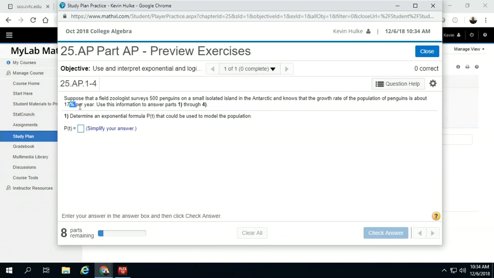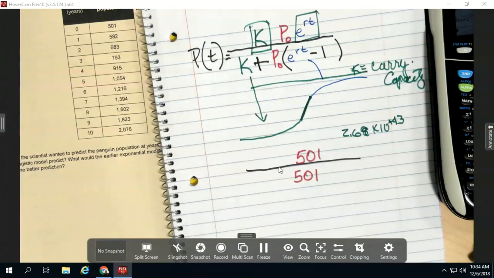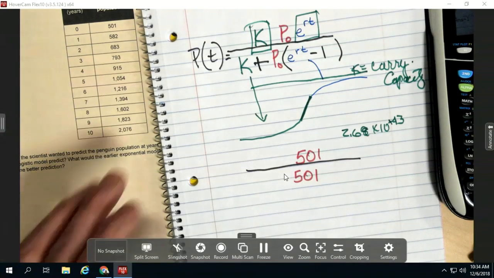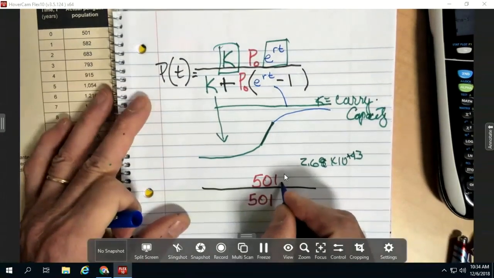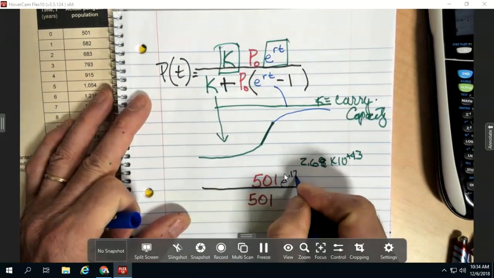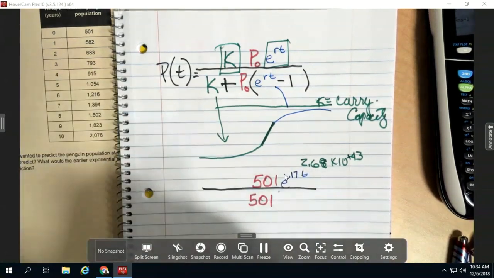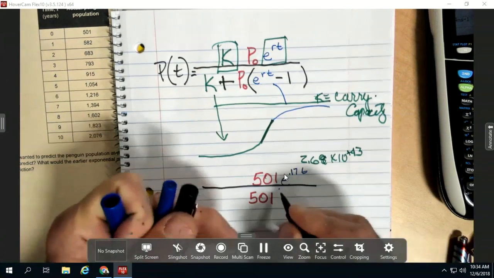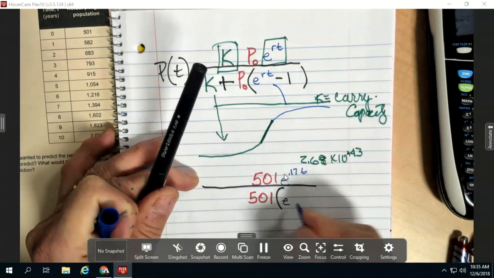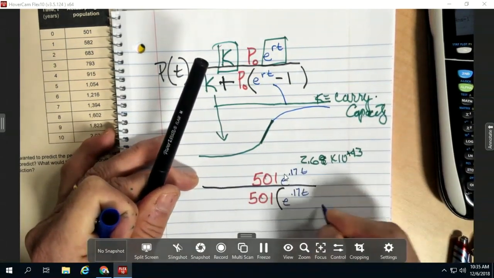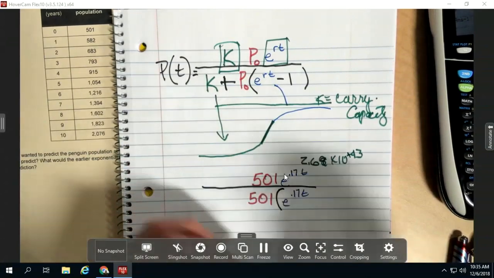It says 17% per year. So this value will be e to the 0.17t. This value down here will be e to the 0.17t minus 1.